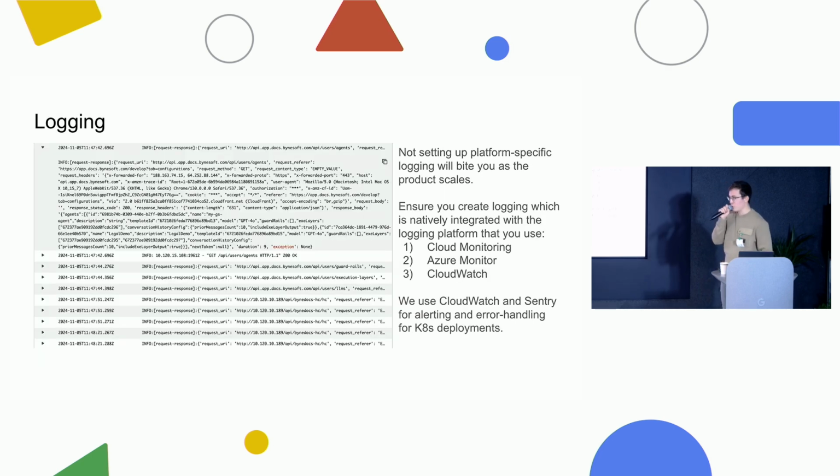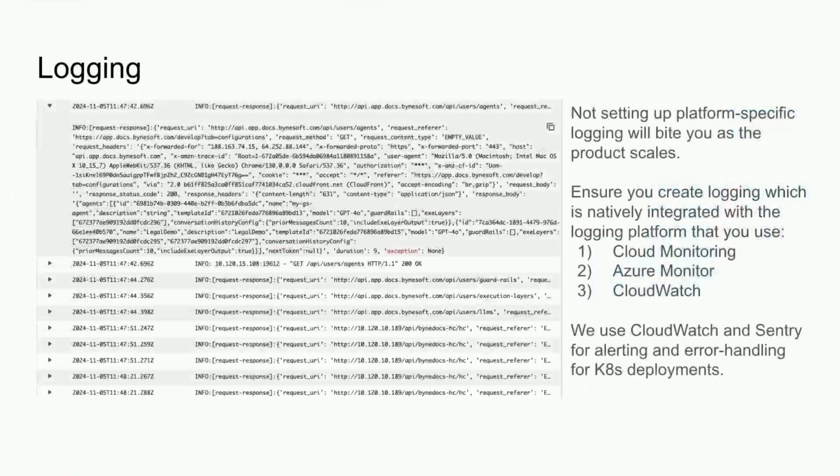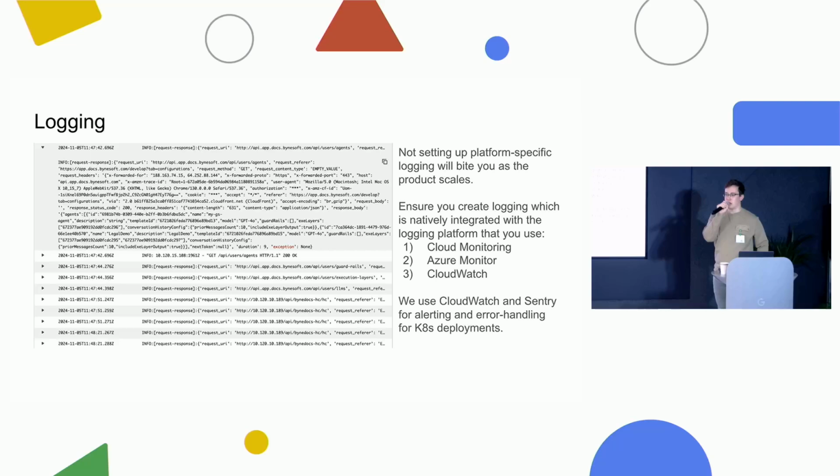Another thing to notice is logging. There on the left is the logging in our prototype. Is it easy to navigate? Could you understand anything there? I think no, right? So just make sure that before you actually put your project into production, you read the documentation for the logging platform of your cloud provider.